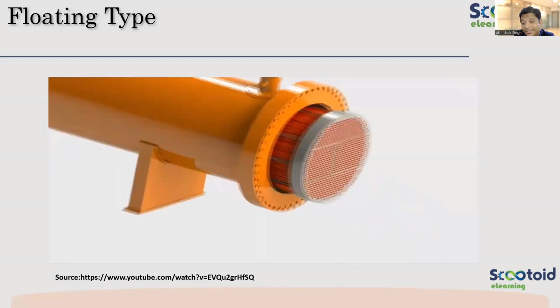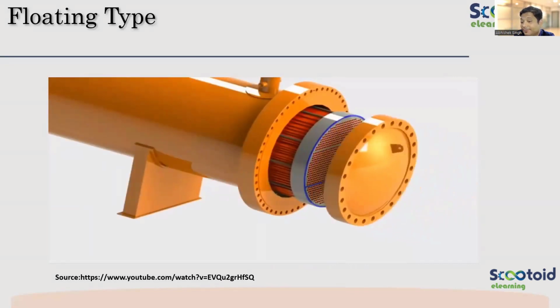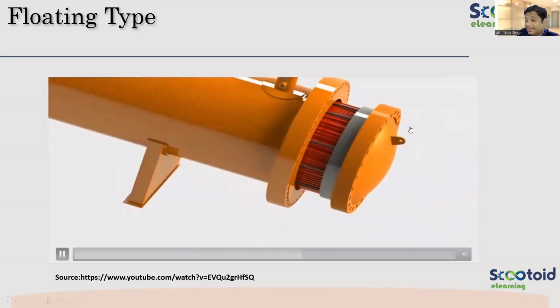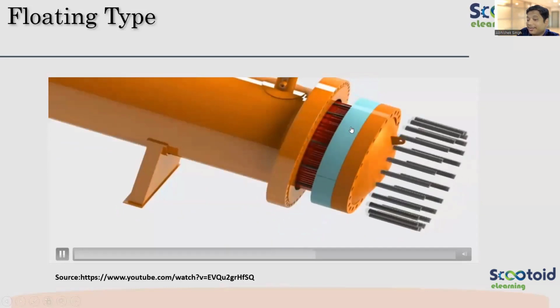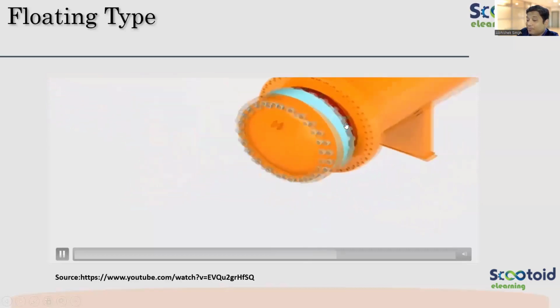This is my shell side, the shell side flange. There is a gasket. This is the floating head cover. This is the split flange we are talking about. See how it is split and how it is bolted. Now the floating head cover is bolted.